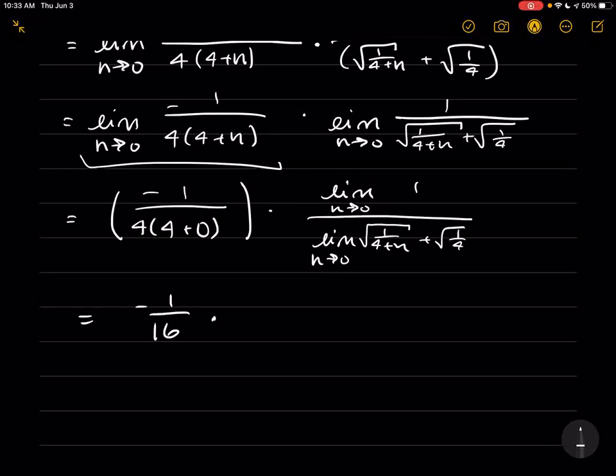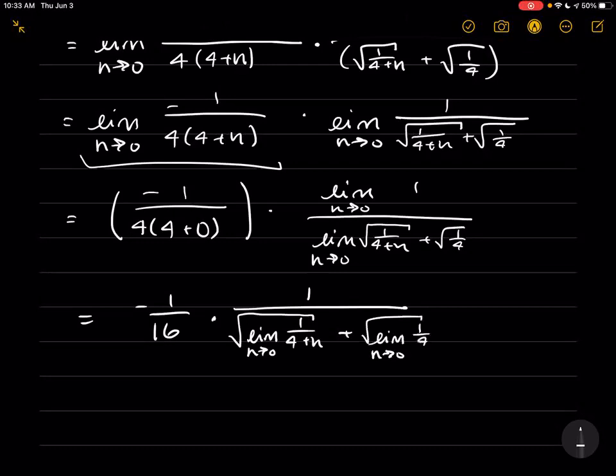That's just going to be 1 over, and then we can break up this limit across the addition, and we can move it inside the square root using two of our limit laws simultaneously. So this will be the square root of the limit as h goes to 0 of 1 over 4 plus h plus the square root of the limit as h goes to 0 of 1/4.